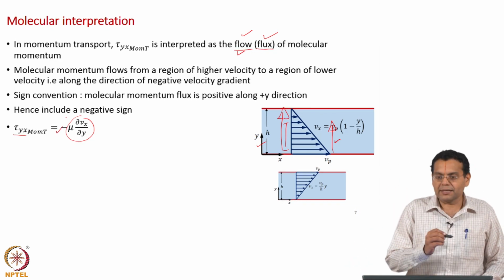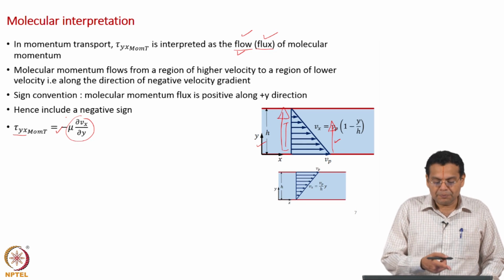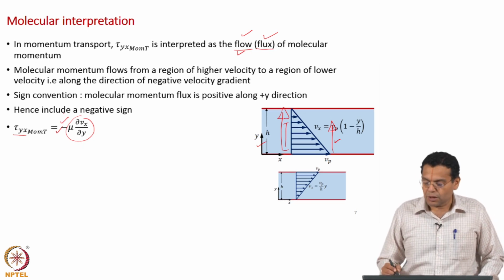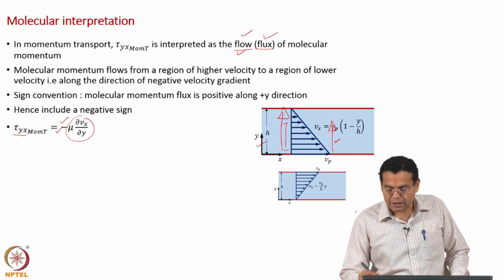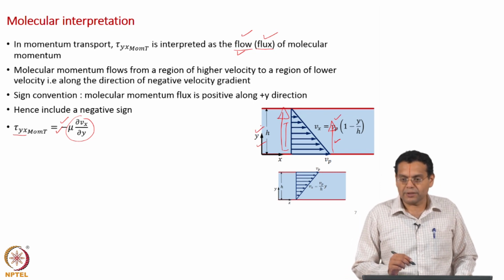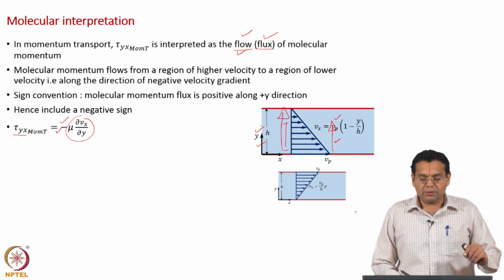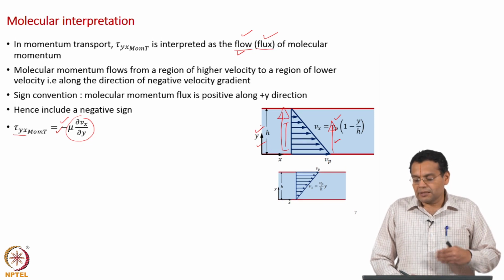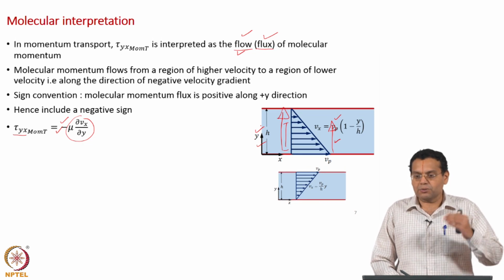By including a negative sign. Now, what happens? For this case, dou V x by dou y is negative and you have another negative sign. So, now my molecular momentum flux becomes positive along positive y axis. That is why we include a negative sign, so that the flux is positive along positive y axis.